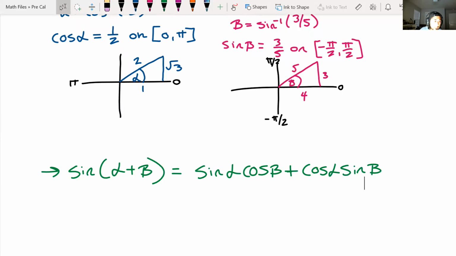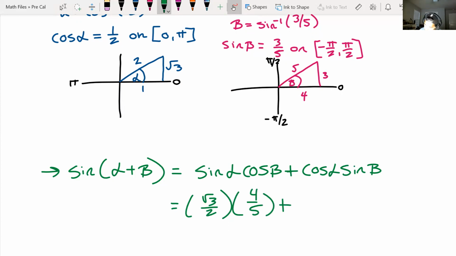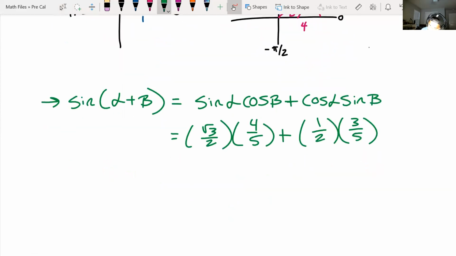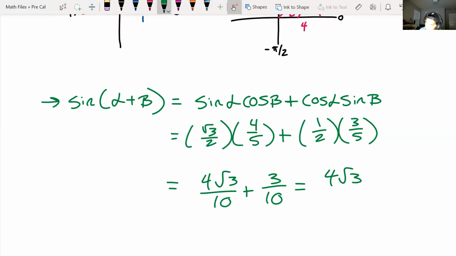Square root 3 over 2. What is the cosine of beta? 4/5. What is the cosine of alpha? That's given already, 1/2. And what's the sine of beta? That's given, 3/5. So 4 square root 3 over 10 plus 3 tenths, and you get 4 square root 3 plus 3 over 10.